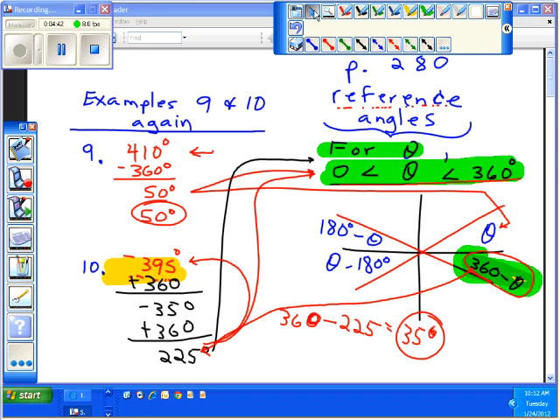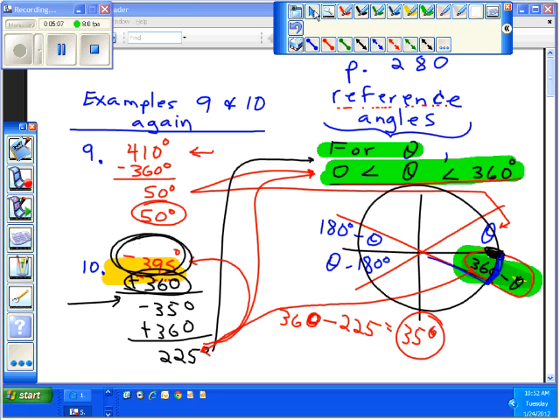Now, let me go back and show you what I was doing with this negative 395 degrees. If we take negative 395, we start right here and go counterclockwise 360 degrees. It's like we took that 360 out right there, and it leaves us with negative 35. So if we go 35 more degrees counterclockwise past that, then we would know that my reference angle is 35 degrees in quadrant 4.